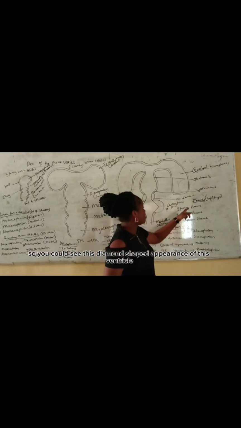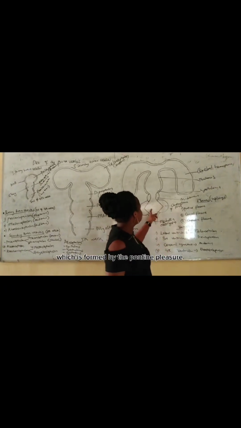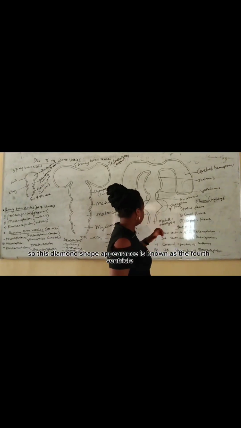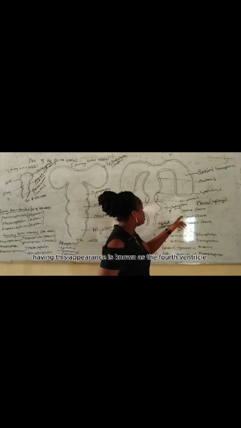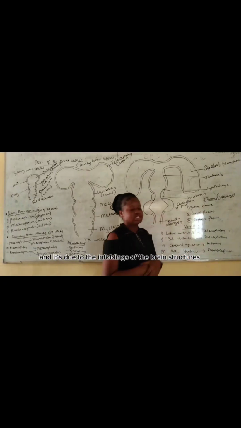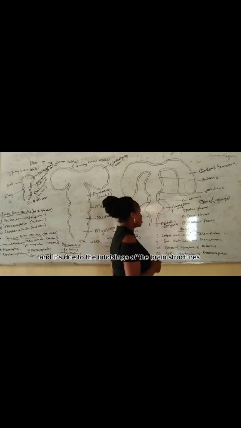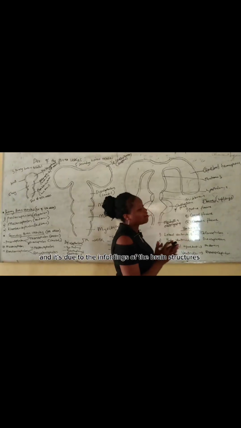This diamond-shaped appearance is known as the fourth ventricle, and is due to the infoldings of the brain structures.